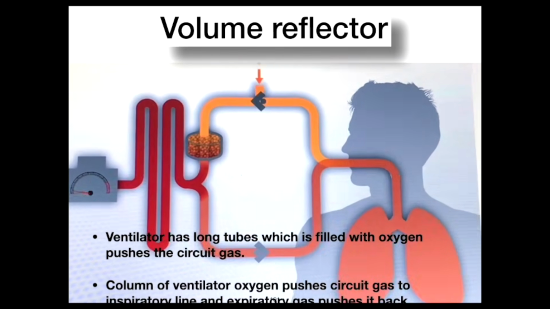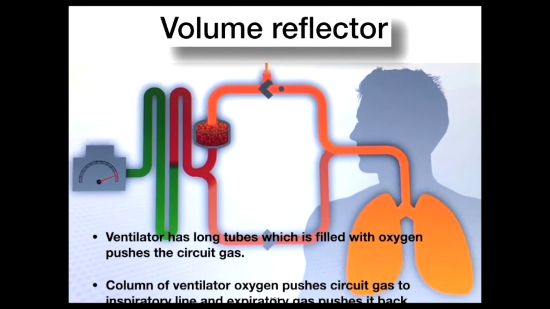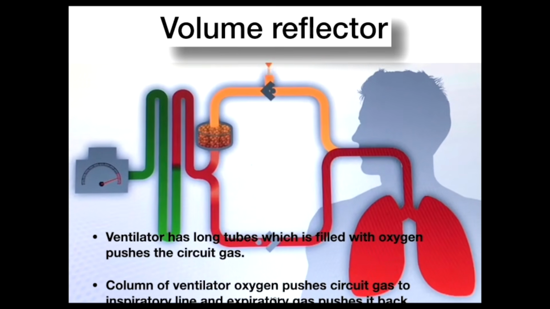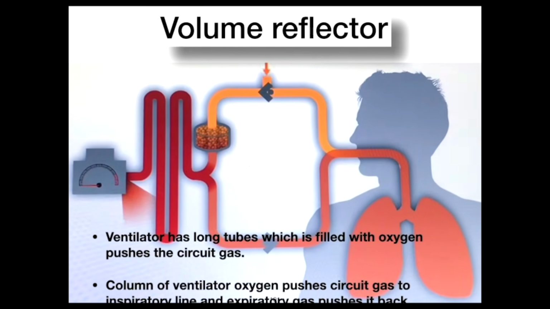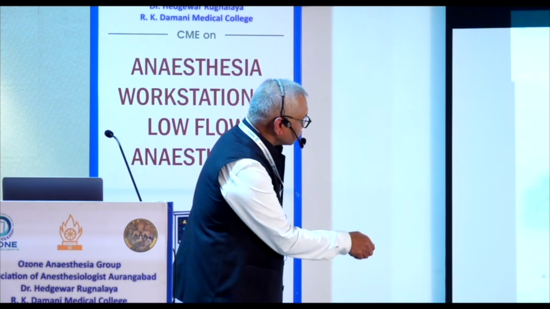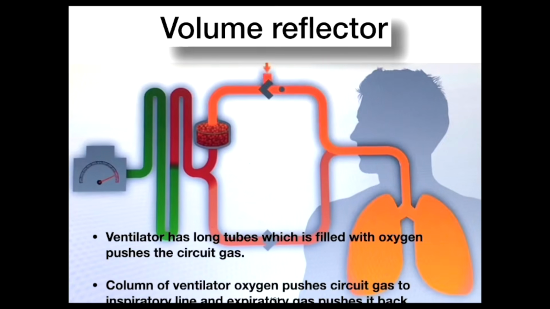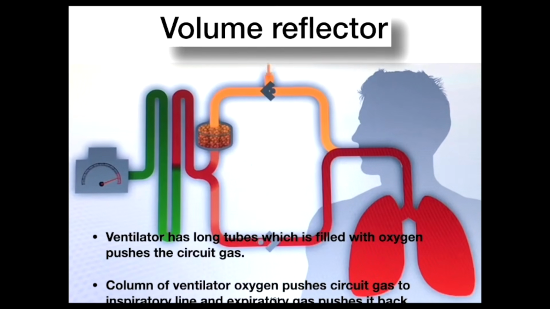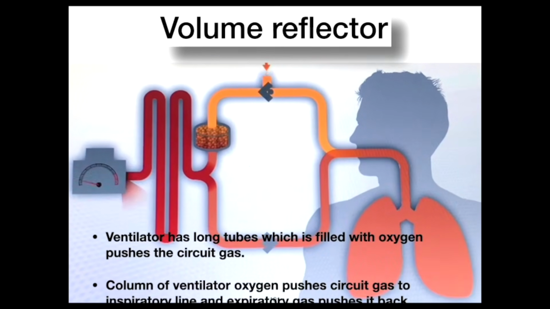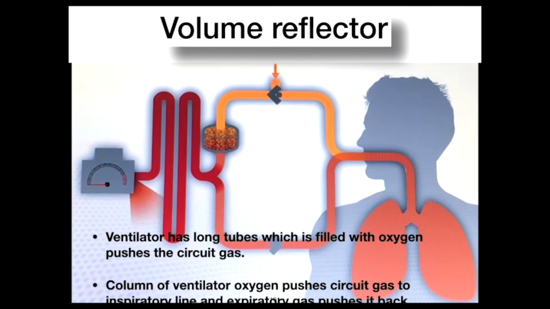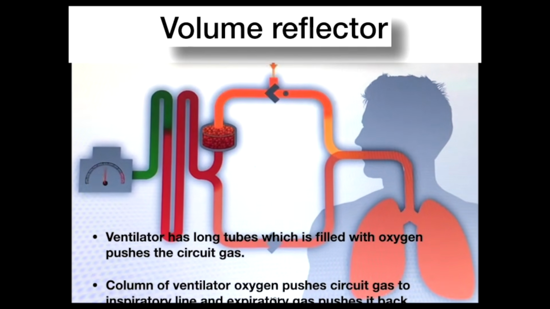The drive gas pushes oxygen from here. The anesthetic gas comes in this tube only, and this oxygen pushes those anesthetic gases. So this is called an oxygen-rich circuit. Companies claim that with this the chance of hypoxia is less because oxygen, which is right now wasted here, is actually added into the circuit.